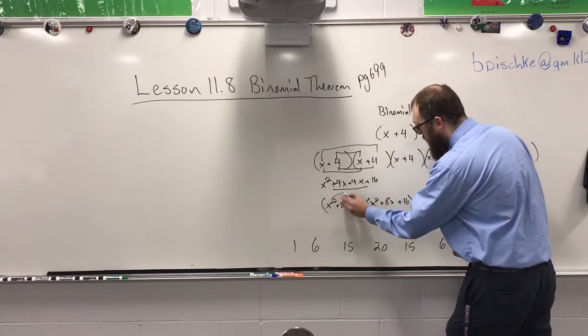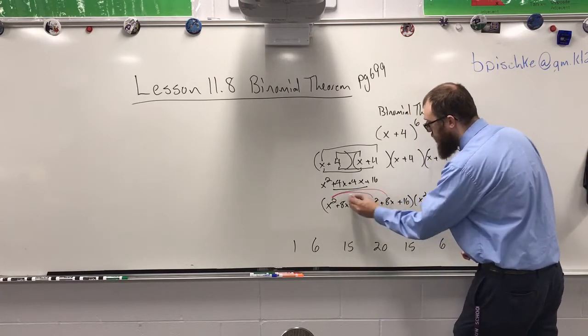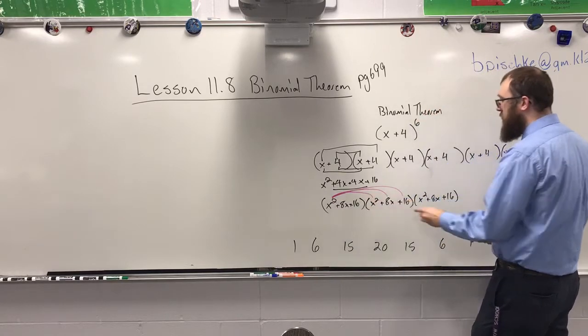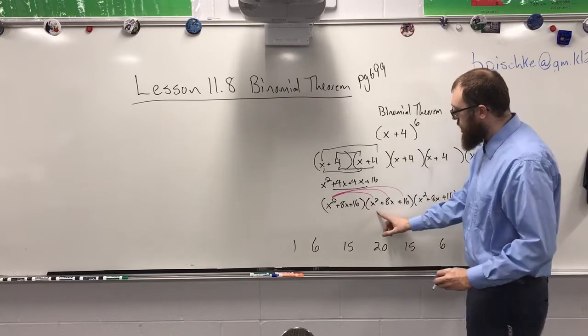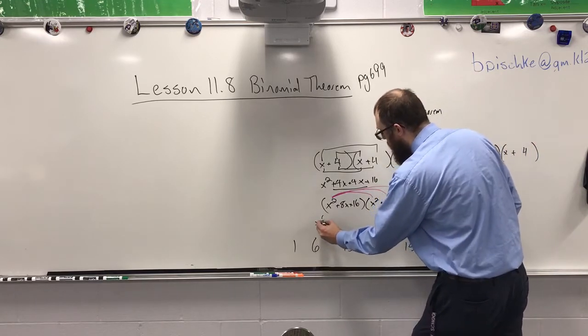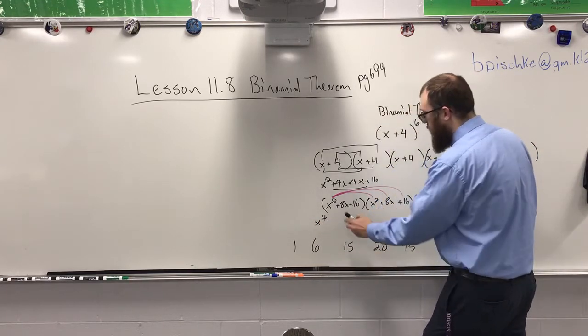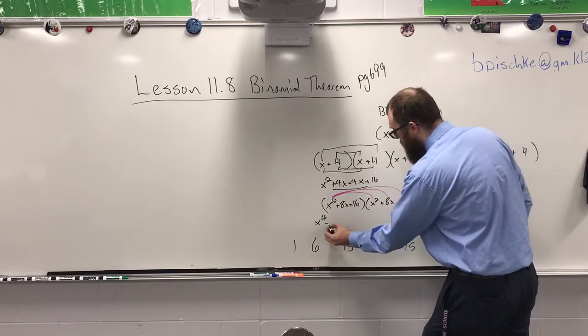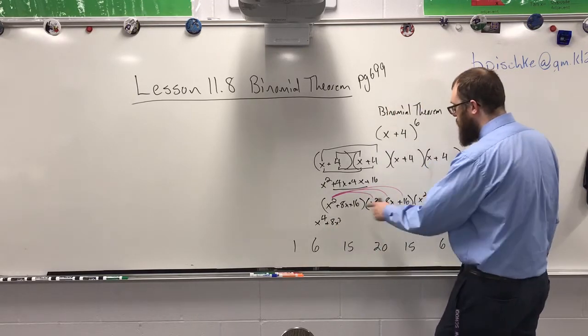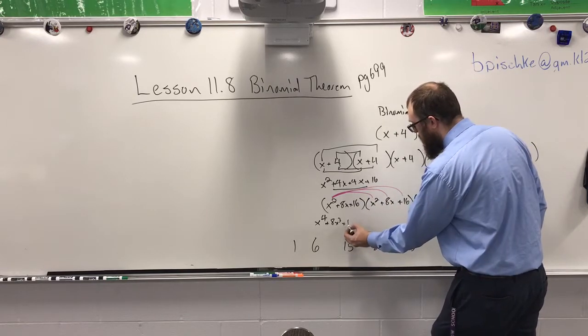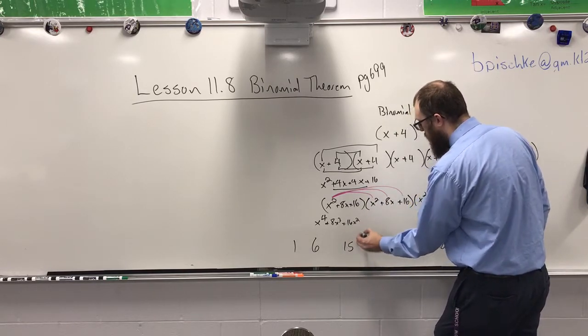I need to take this and distribute in each piece to each piece of the second part. x squared times x squared is x to the fourth. x squared times 8x is 8x to the third. x squared times 16 is 16x squared.